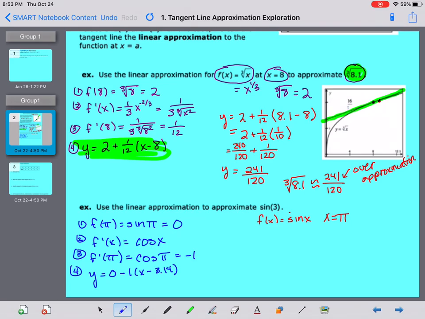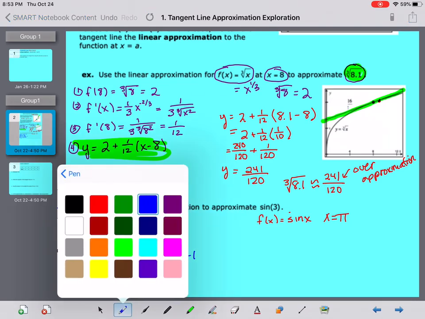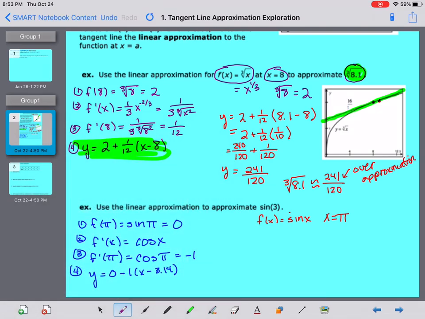And then the last thing I want to do is take that tangent line and actually plug into it. So if we take our tangent line and we plug in, I don't really need that 0 there. We're going to plug in the desired value. And that desired value is 3. And then all we're going to do is calculate what that is.